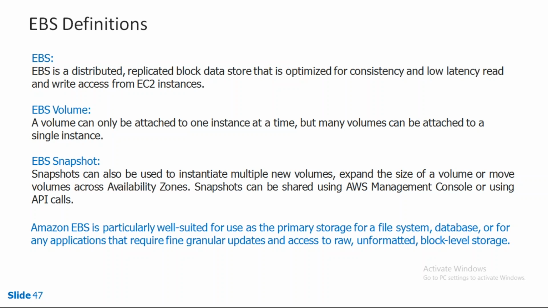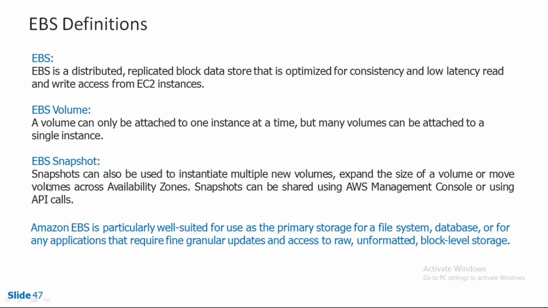Then EBS volumes. These are the two different things we have seen. Under EBS we have two things, volumes and snapshots. Let's understand what a volume is. A volume is nothing but an additional block with certain space. A volume can only be attached to one instance at a time, but many volumes can be attached to a single instance. That's what I have just discussed.